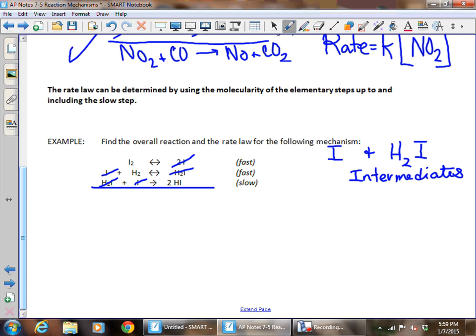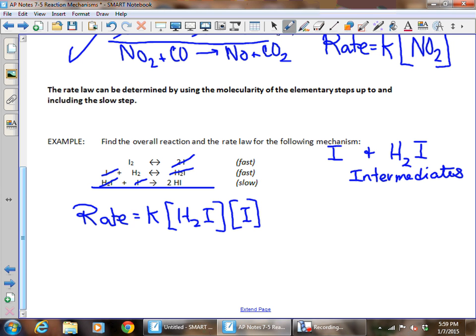Okay, so the first thing then that we would look at is the rate law for our slow step. And the rate law for the slow step is that rate is equal to k, using only the reactants, H2I times I. Now, what's wrong with that for a rate law?